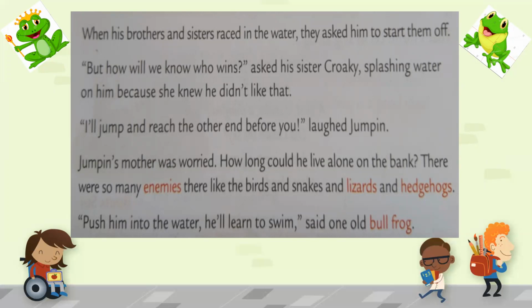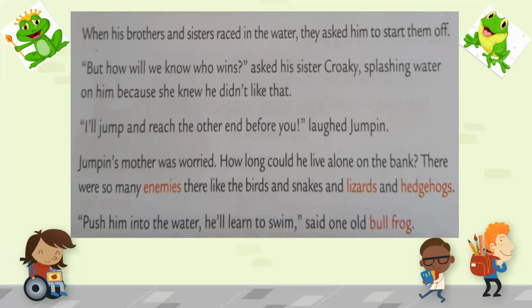Jumpin's mother was very much worried because this Jumpin was always on the bank all alone. Other frogs were living inside the water. She was very worried because there were so many enemies on the bank, like birds, snakes, lizards, hedgehogs. You know, they all feed on frogs as food. So how will I protect my son?